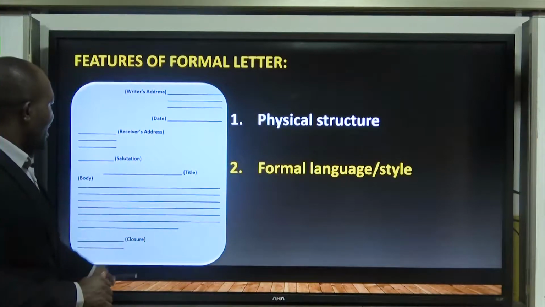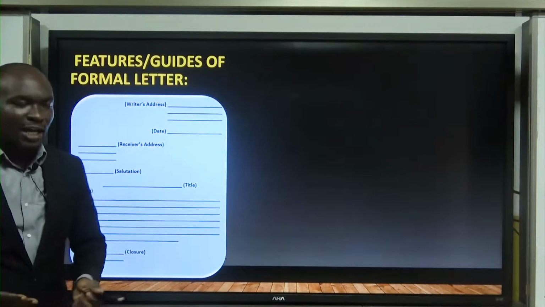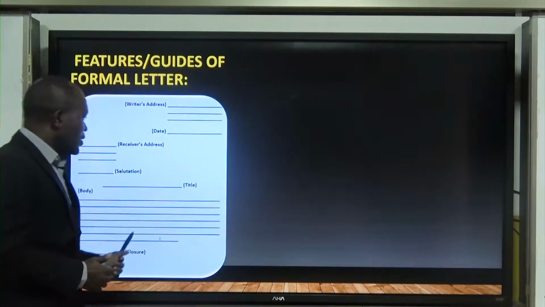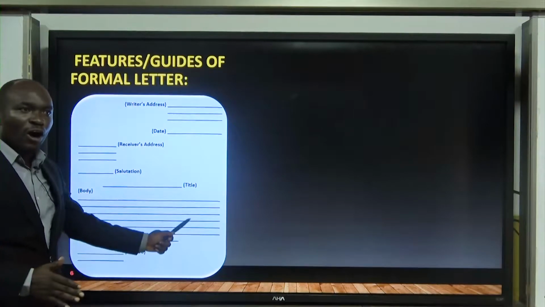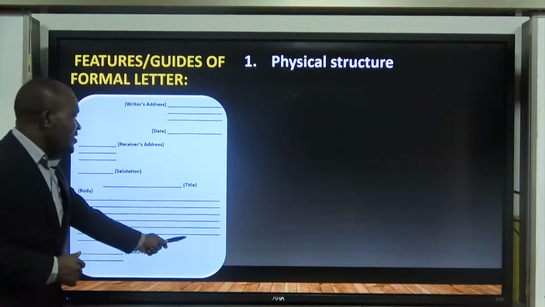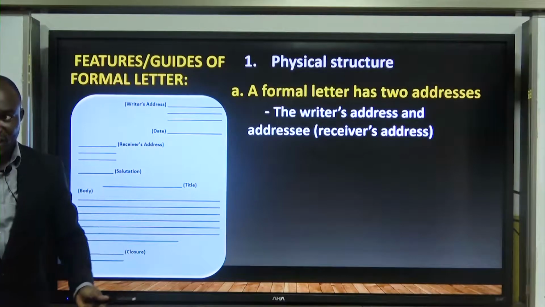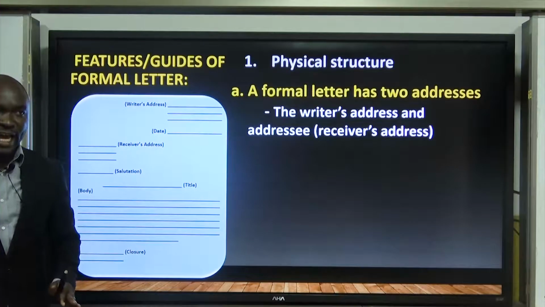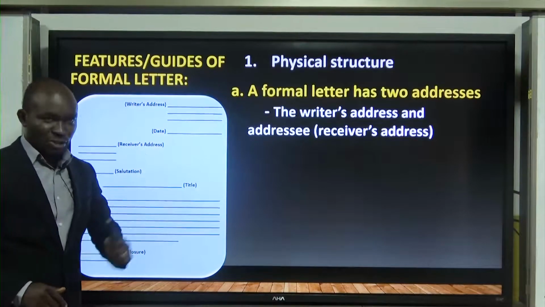Okay? So, let's take the physical structure of a formal letter. What and what should be physically present in a formal letter or is visible, just by looking at it? The first thing you would notice in a formal letter, which differentiates it from every other kind of letter, is two addresses.